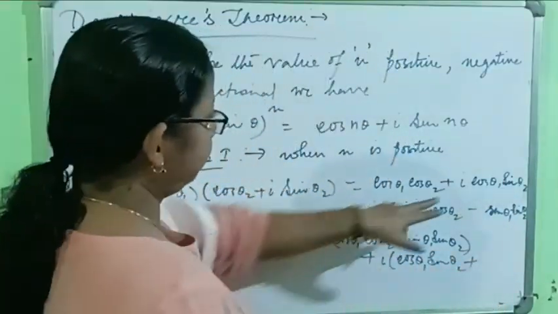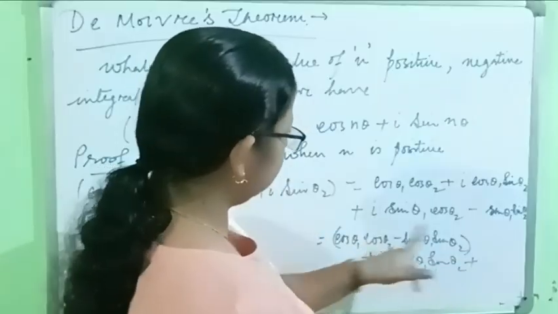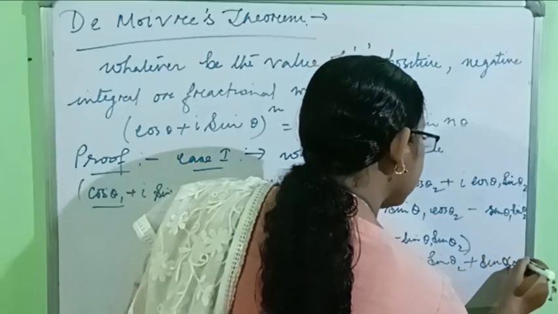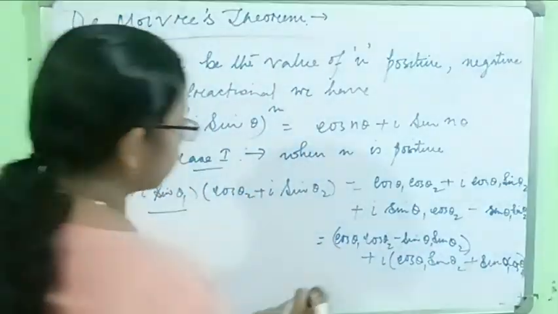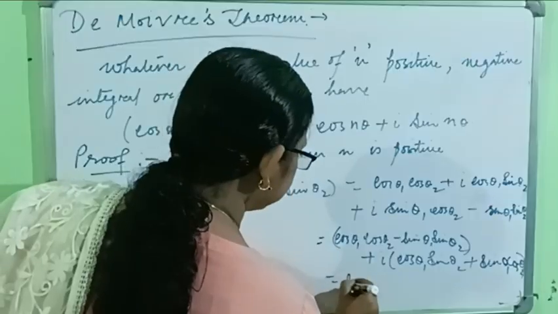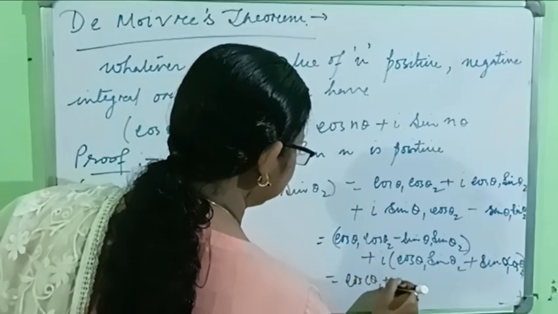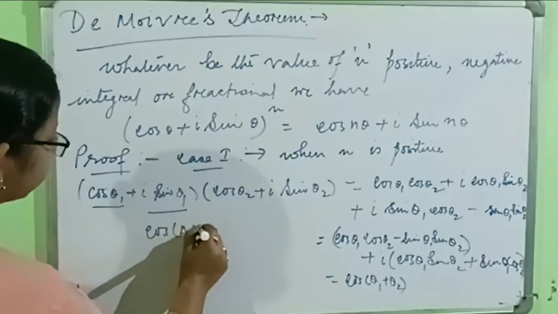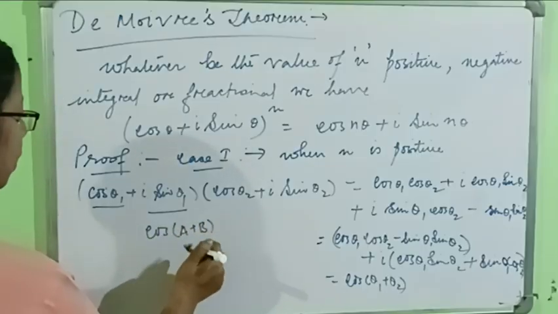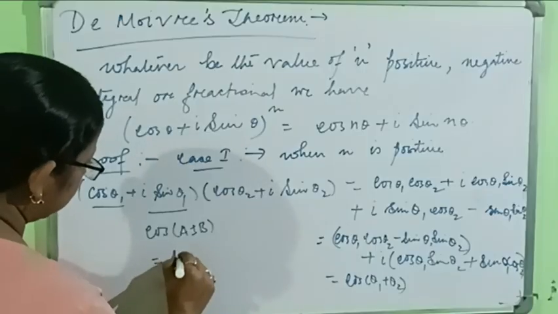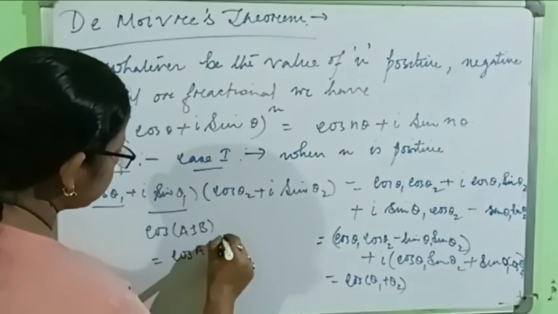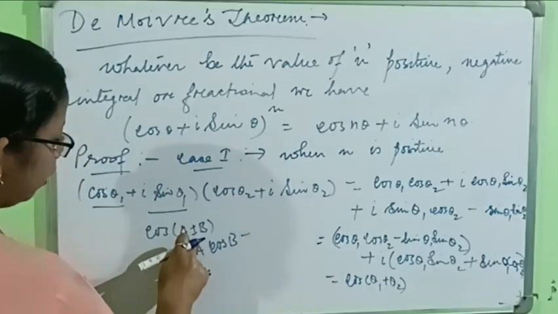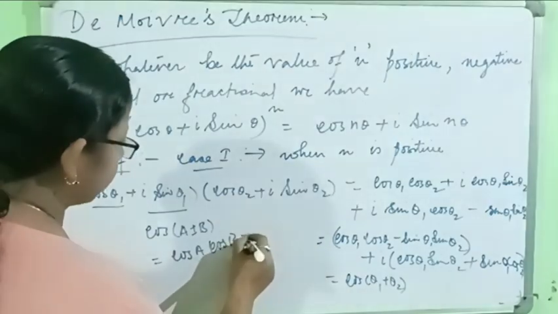Then this one is cos theta 1 sin theta 2, and this term sin theta 1 cos theta 2. So this is, by using the formula cos A plus B. If it is plus, then it is minus. If it is minus, then it is plus.